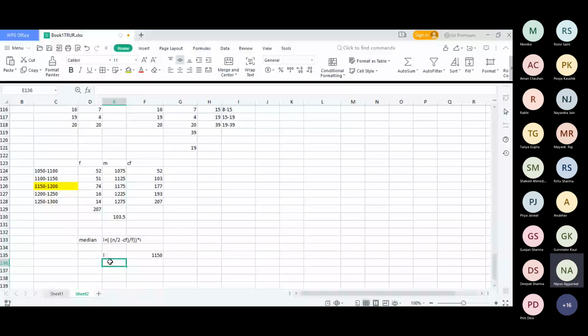Now CF is the cumulative frequency of the class above the median class. So that is 103, and the CF value becomes 103.